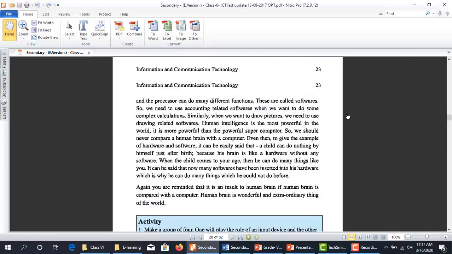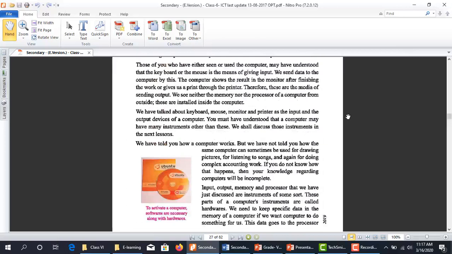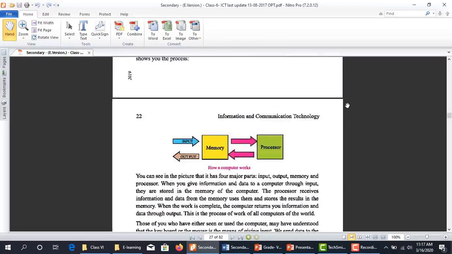So go to page number 22, and here you will see some input and output, and the memory and processor. First look at the input: first you have to give some inputs, then it comes into the memory, and this is translated into machine language, because the computer doesn't know human language.